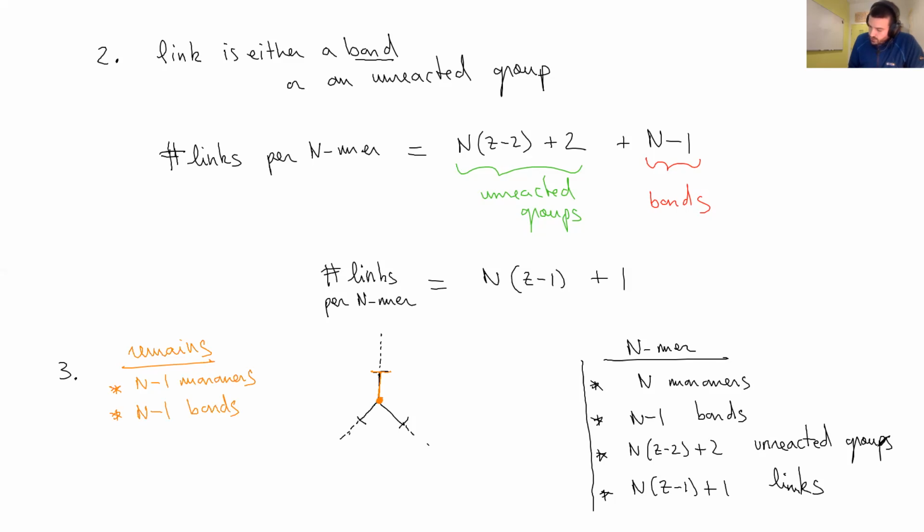The number of unreacted groups remaining has decreased by 1 unit. So it is n(z-2) plus 1 only, because I already have 1 here. And the number of links, I've reduced this by 1 as well. And the number of remaining links to be found is n-1. I already have 1 link here. I need to fulfill the rest.